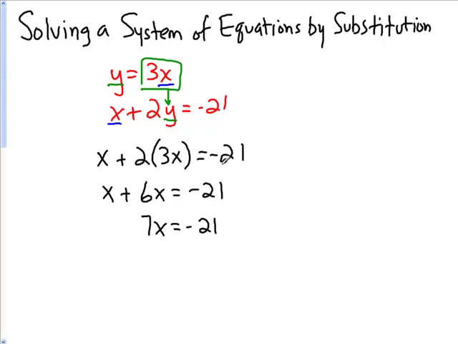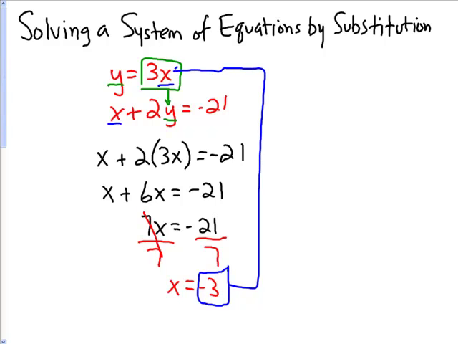And I divide both sides by 7. I get x equals negative 3. Now I know what x equals. I can take that value for x, which is negative 3, bring it back up here and substitute it into either equation for x and solve for y.